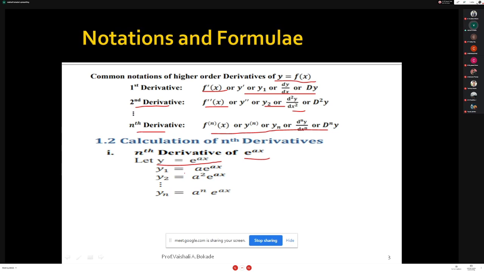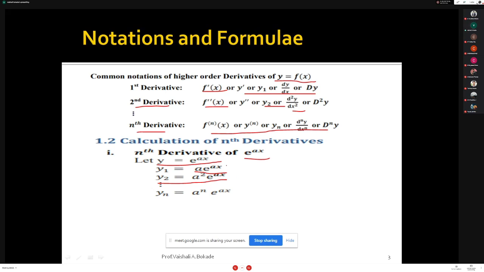When I differentiate, the first derivative is a e raised to ax. Differentiating e raised to ax, we have e raised to ax into the derivative of ax, which is a. Differentiating again, we get a e raised to ax into a.